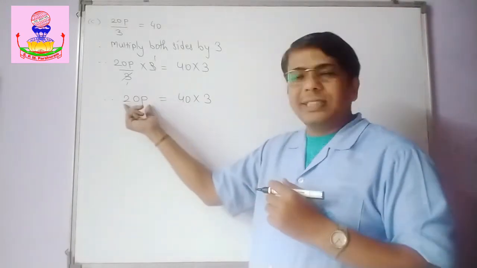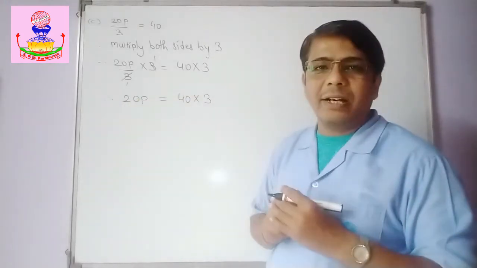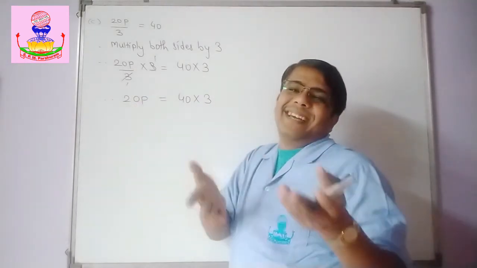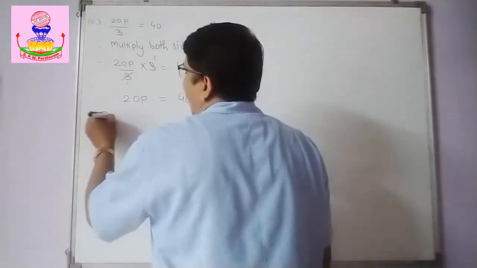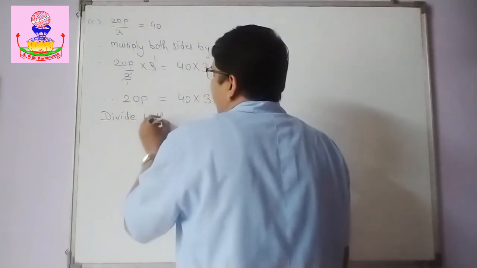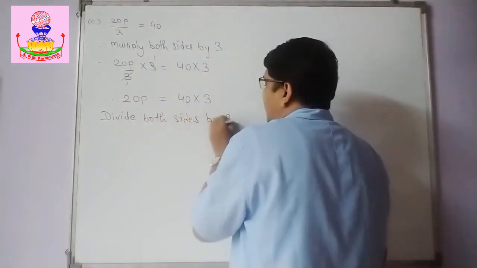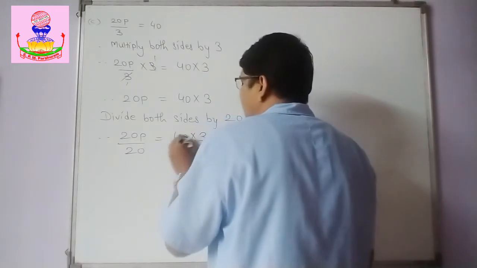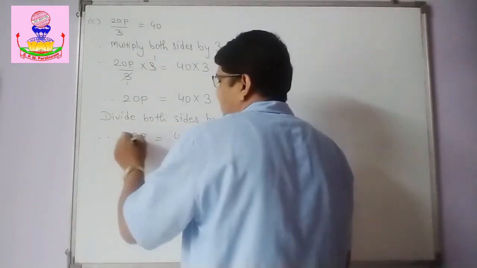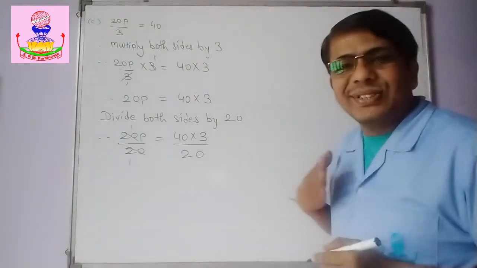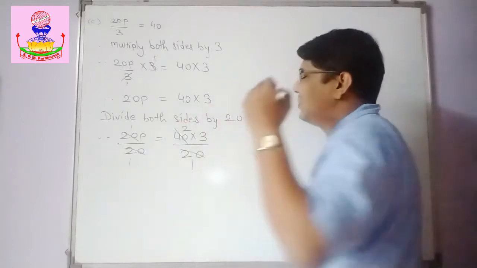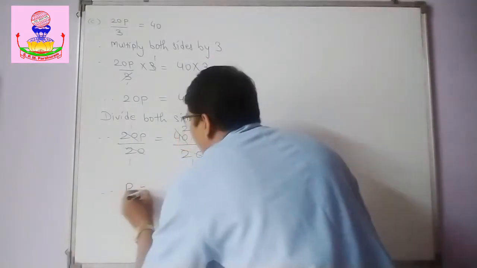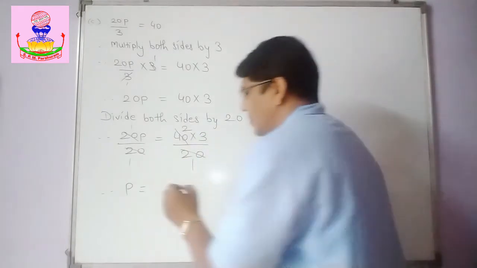Now this is the second relative, and we have to send it away. What should be done? The sign is multiplication. The opposite of multiplication, yes, there you are, division. So divide both sides by 20. Therefore 20p upon 20 is equal to 40 into 3 upon 20. So 20 gets cancelled. I know the tables: 20 ones are 20, 20 twos are 40. And so I have not multiplied here. Now, P is equal to 3 twos or 2 threes, 6.